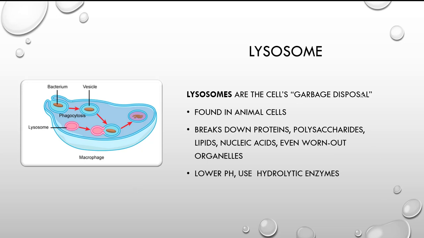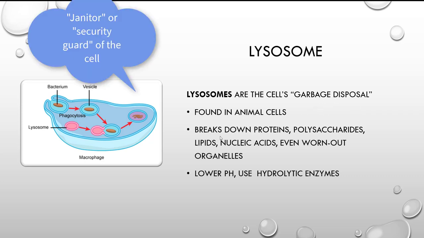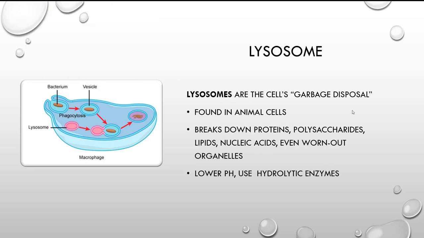So it's kind of like the garbage man or janitor, or even the security guard. It'll get rid of bacteria that has somehow entered the cell. So lysosomes, they're the garbage disposal part of the cell. And they do that with their enzymes. So they have specialized hydrolytic enzymes, which are at a lower pH.